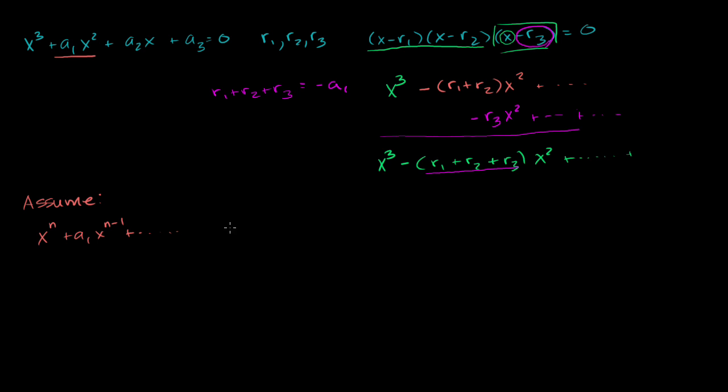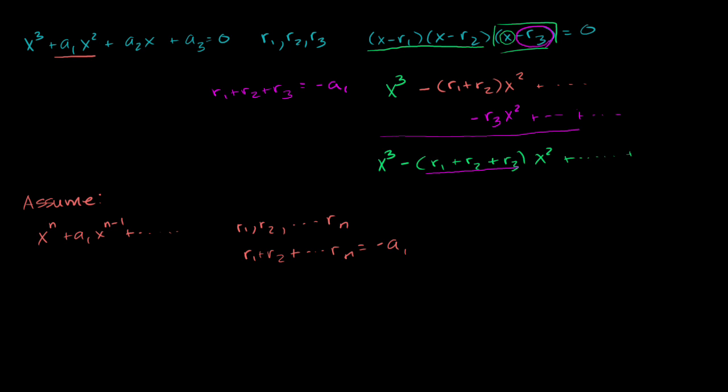It has roots, obviously, r1, r2, all the way to r sub n. And we're going to assume that r1 plus r2 plus all the way to r sub n is equal to negative a1.